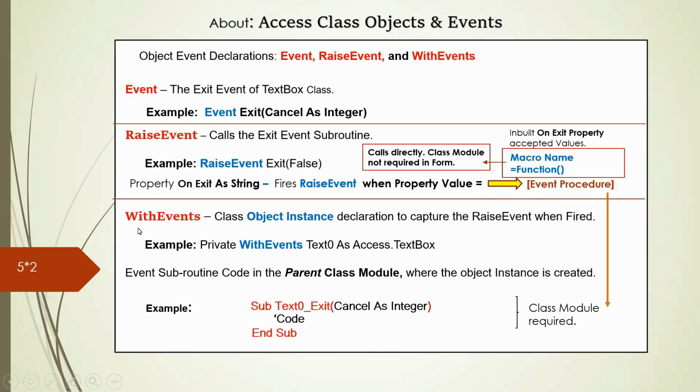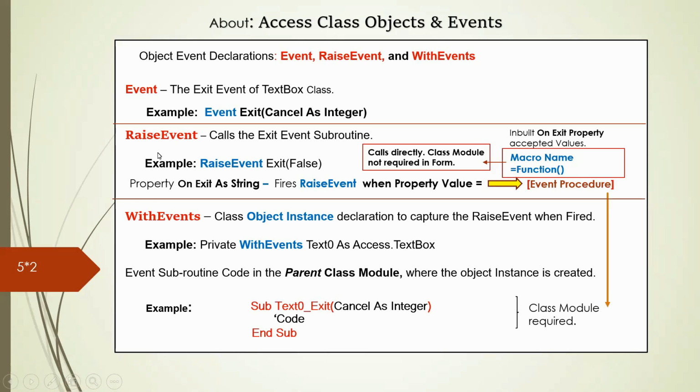And for that purpose, to identify the event coming from the text box or whatever object it is fired from, the instance of that object when it is created on the form will be qualified with the keyword WithEvents. For example, when we select a text box from the toolbox and put it on the form, the MS Access system automatically qualifies that particular instance of the text box with the keyword WithEvents.